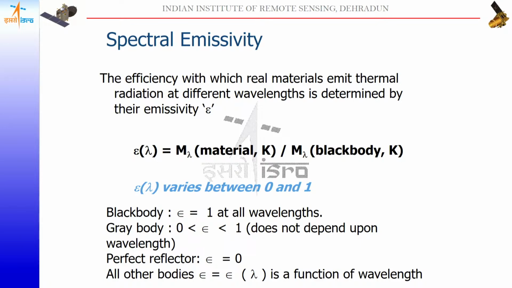A perfect reflector means those objects which reflect every energy that falls on them. That means nothing is absorbed, so nothing is re-emitted. So spectral emissivity is 0. All other real objects, this spectral emissivity will be varying somewhere between 0 and 1, but it's a function of wavelength.